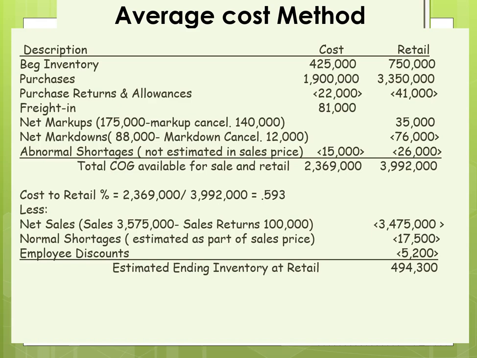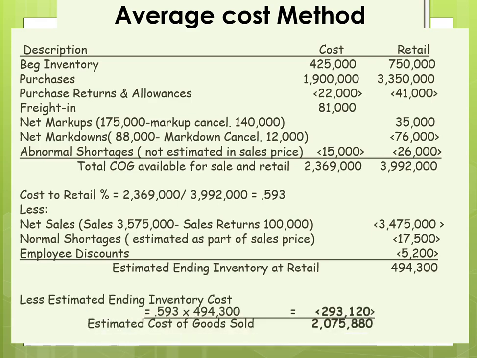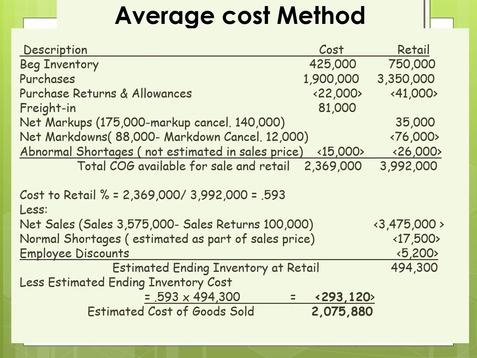We then subtract out our net sales, our normal shortages, and employee discounts to get our estimated ending inventory at retail. We take that times our percentage, and that gives us our estimated ending inventory at cost. We subtract that from our total cost of goods available for sale to get our estimated cost of goods sold.